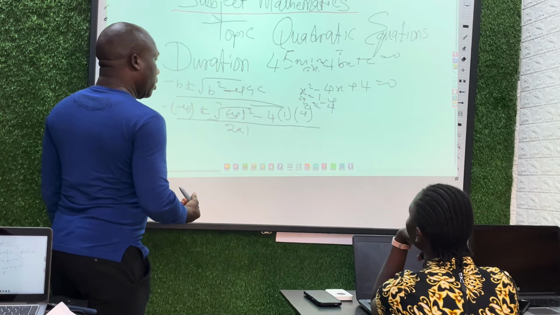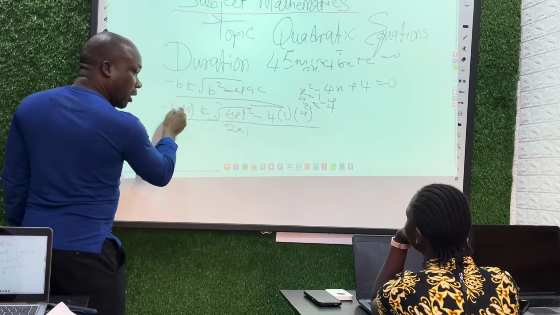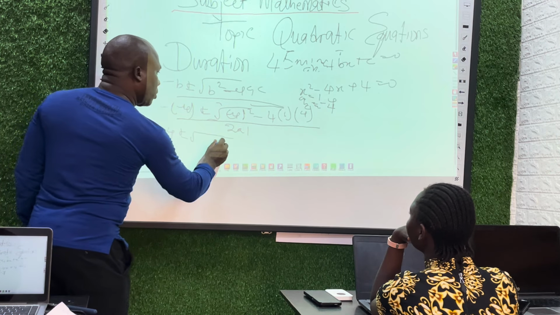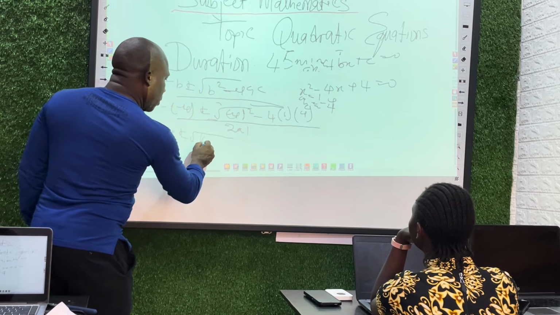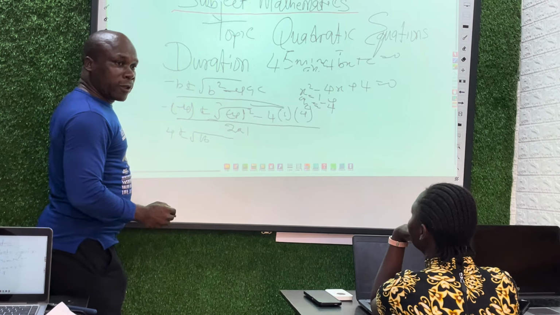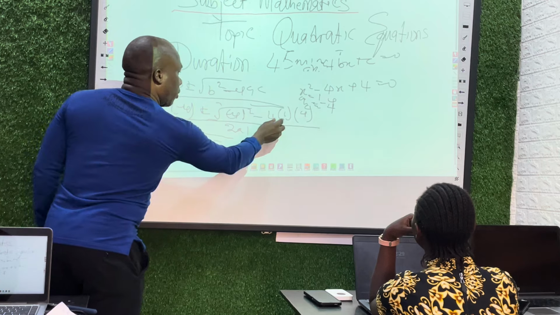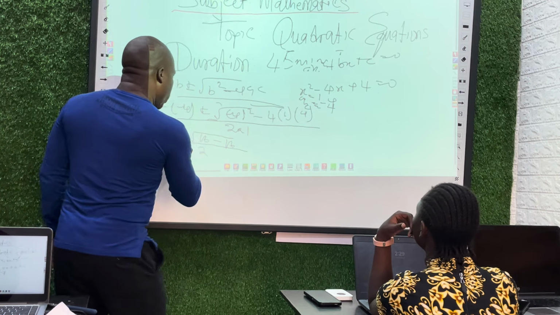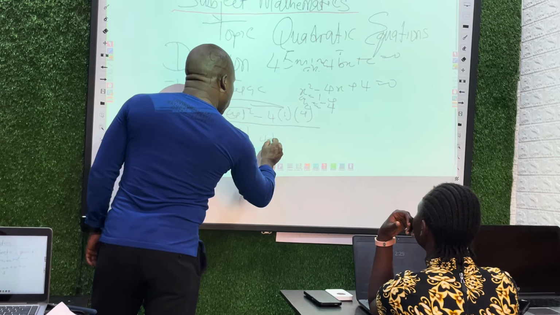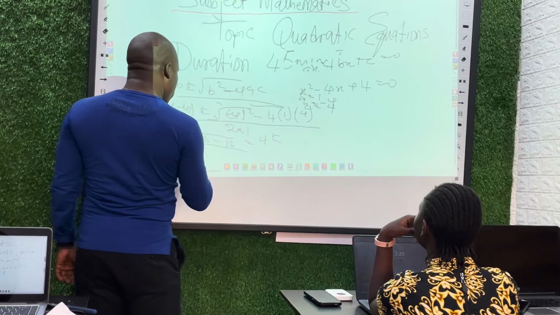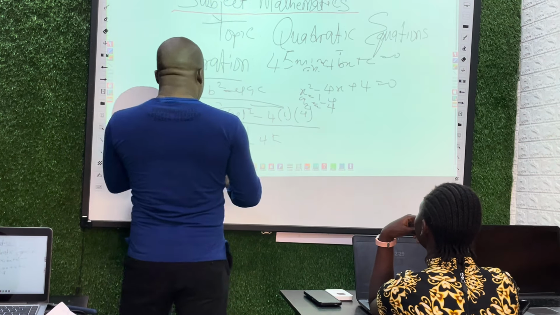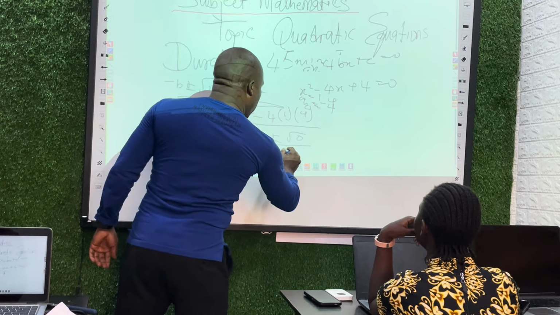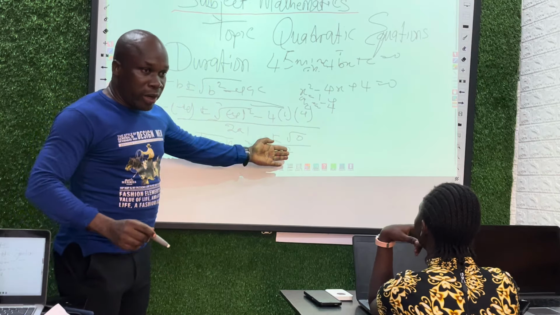Are we correct? So now we have minus times minus will be 4 plus or minus the square root of 16 minus 4 times 4, which is 16 as well. So it will be 4 plus or minus the square root of 16 minus 16, which is 0, all over 2. That's what we've got to write now, okay?